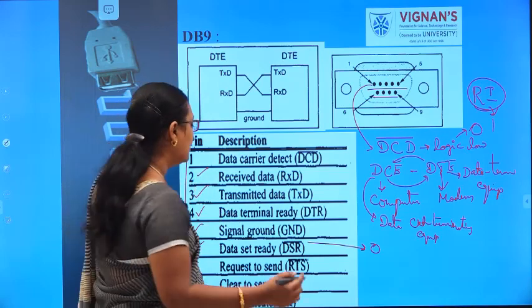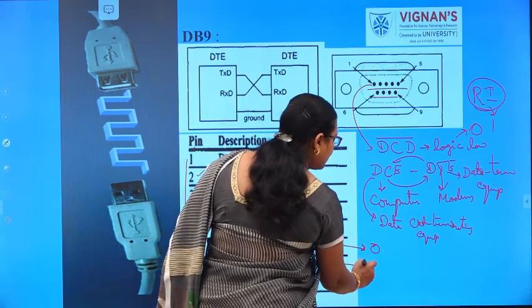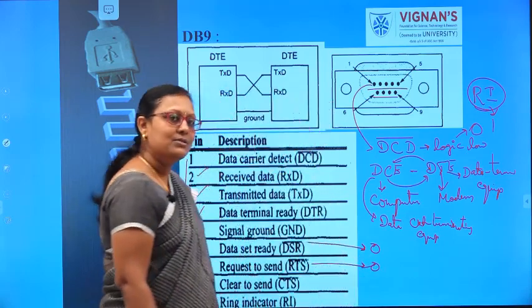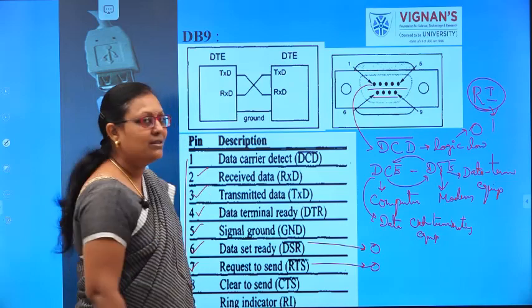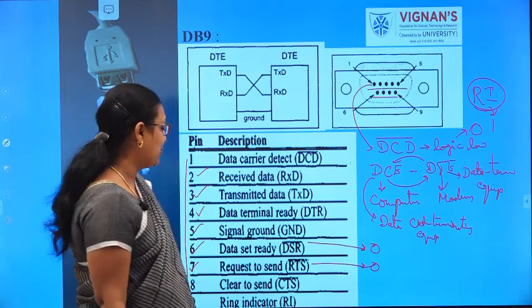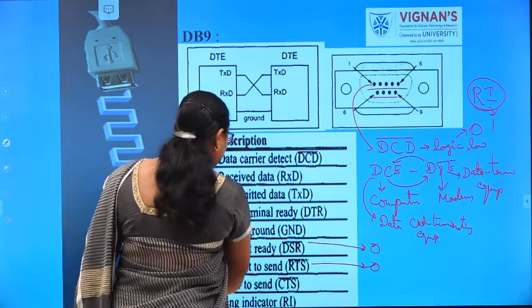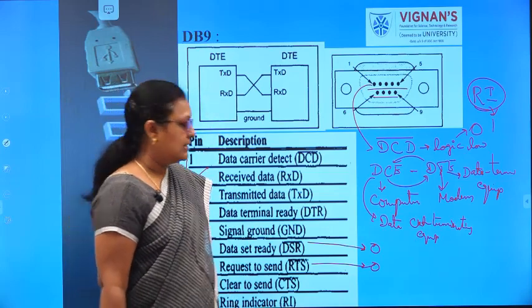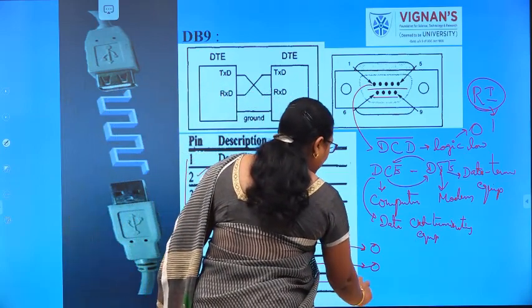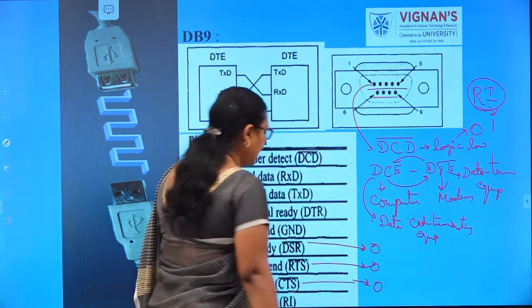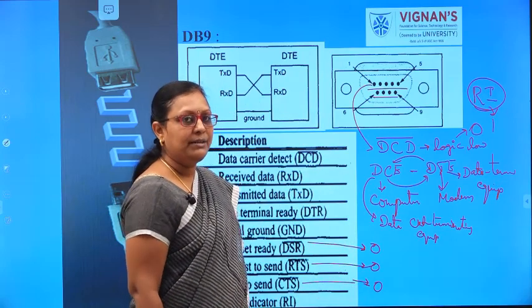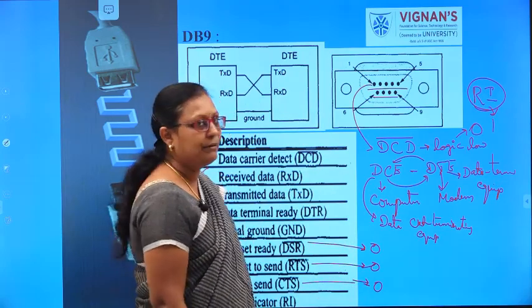So this bit is also called a logic low signal. It will be enabled when the bit is specified as 0 over here. So pin number 8 is clear to send. Clear to send means after the completion of transmitting, this bit will be set. If it is 0, then it will be cleared.